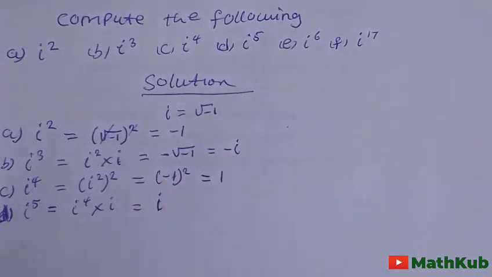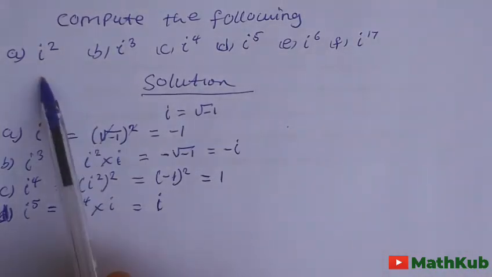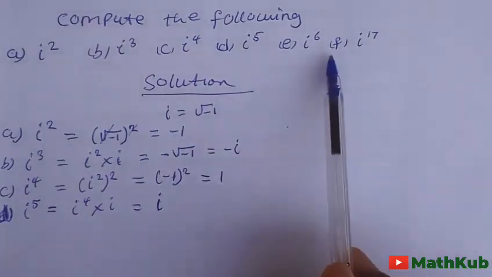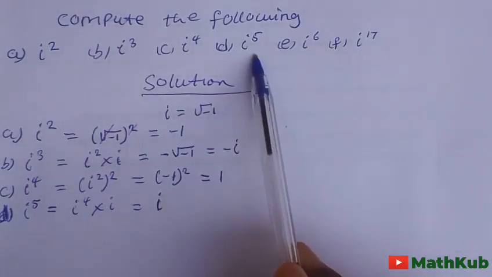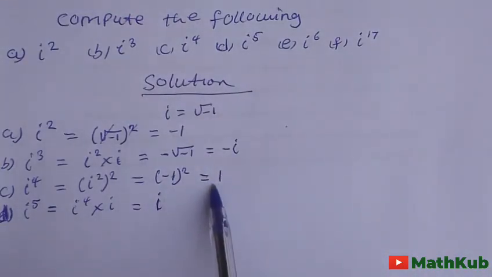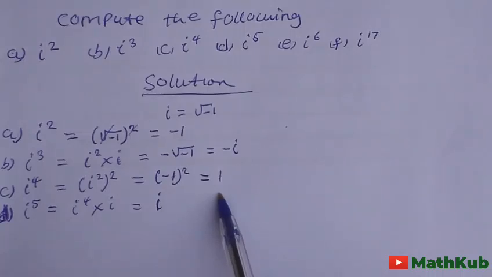I want to show you a short method to compute any given complex number like this. Like for example, this 5, you can start from 4. You know this 1, when you multiply 1 by any number, you're going to get that number back.